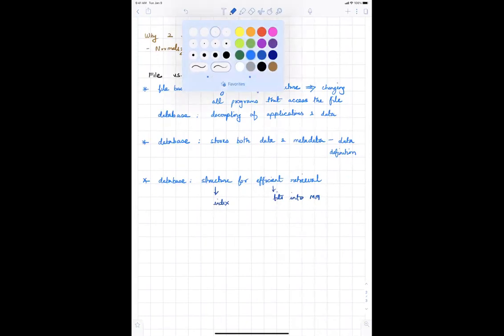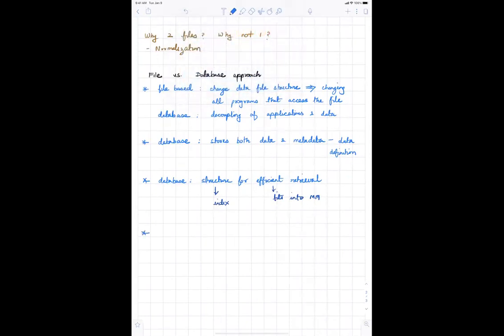Another thing with relational databases is that there is a language for querying and building the database, and that's the one you're going to be studying in this class.